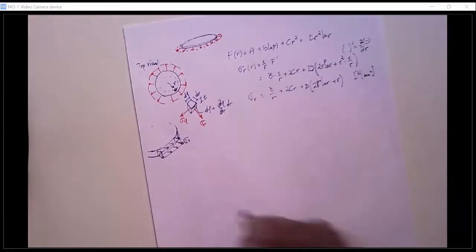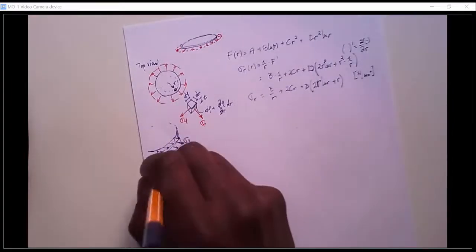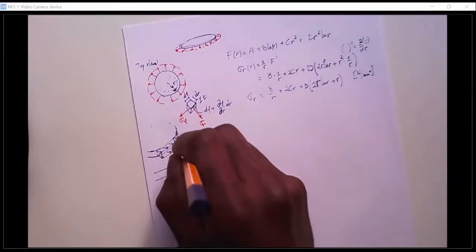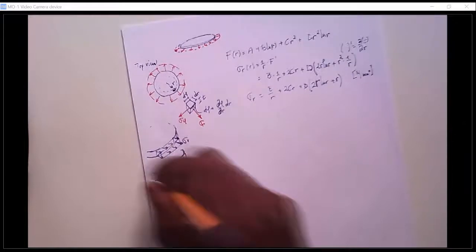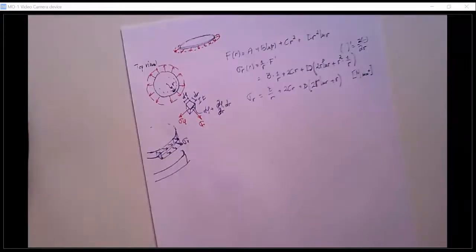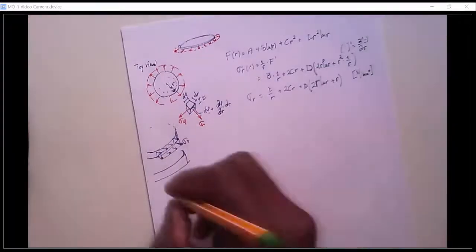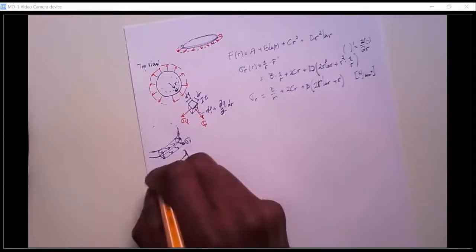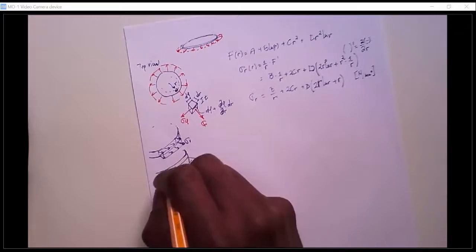And now we want to simplify it and use maybe just a line load that we could draw, like this.